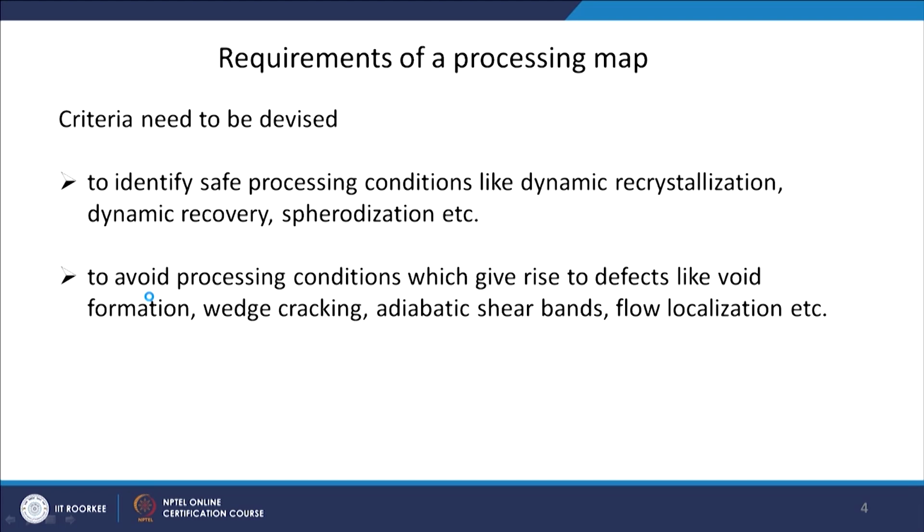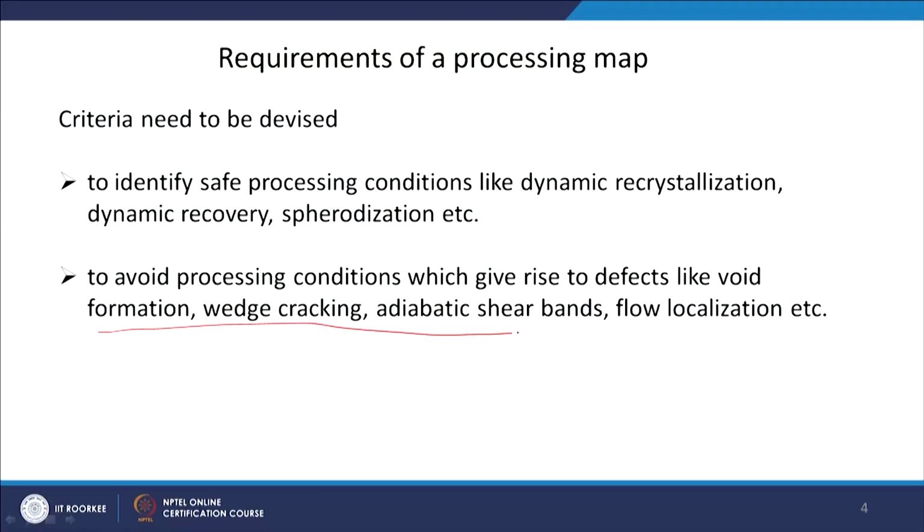So, my model, for example, in this case the DMM, the criteria for the DMM model should be such that it should be able to identify the safe processing regions, like dynamic recrystallization, dynamic recovery and so on, and how I can avoid the processing conditions which give rise to defects like void formation, wedge cracking, adiabatic shear bands.